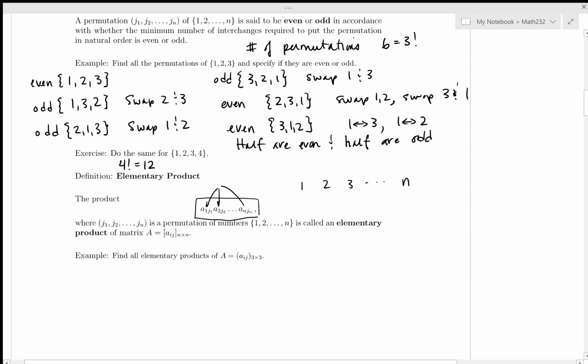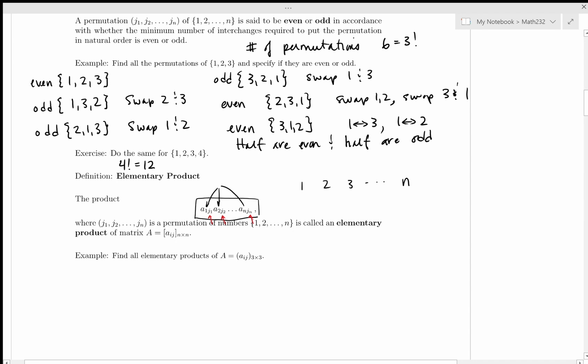It is the numbers from 1 to n in the natural order. And then the column index on this product is a permutation of the row index.